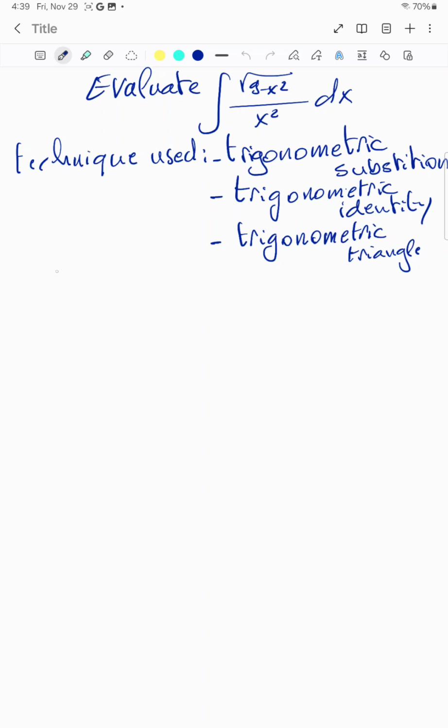If I have square root of a squared minus x squared, I will take x equal a sine of theta, and I will use the trigonometric identity cosine squared of theta equals 1 minus sine squared of theta.